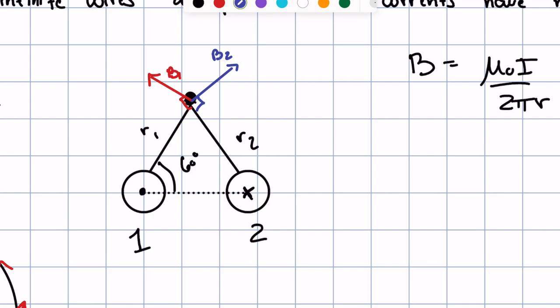Now the trick is figuring out how to add up B1 and B2. They have the same magnitude, so I drew this a little bit wrong, but they should be pointing in equal and opposite directions, with the same angle. We need to figure out how much of B1 is in the x direction and how much is in the y direction.